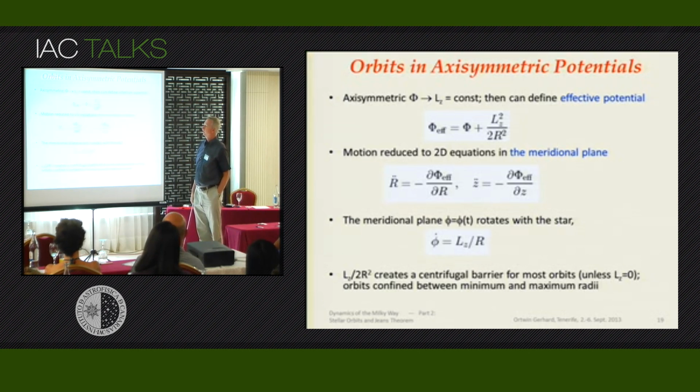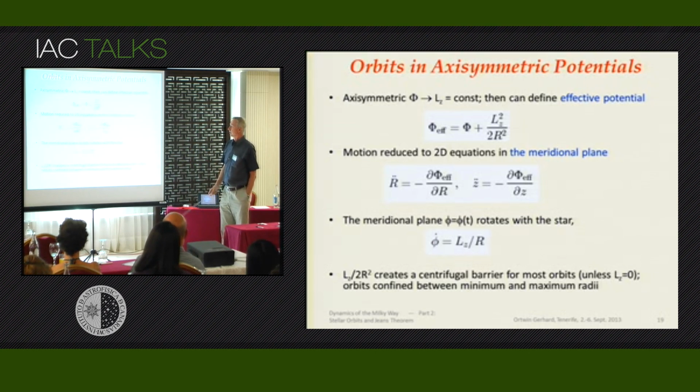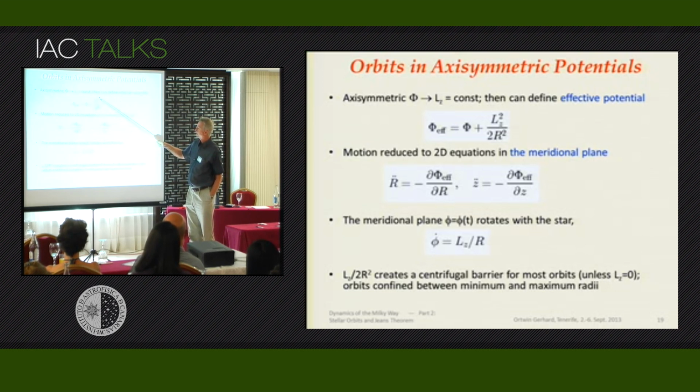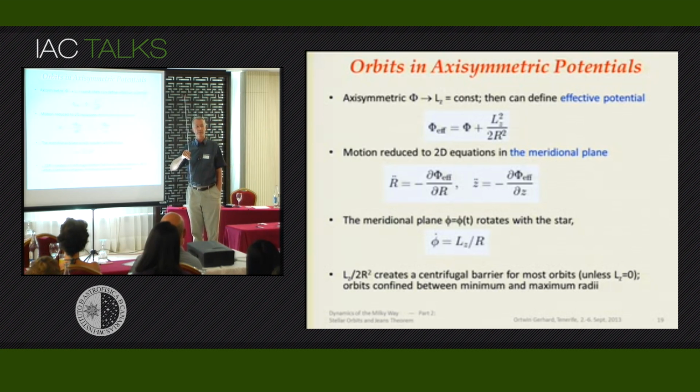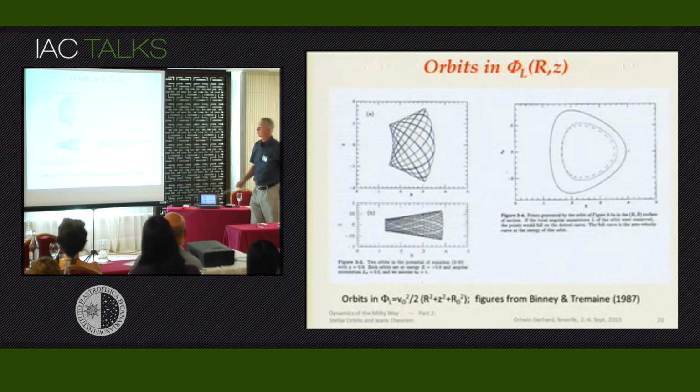And so the meridional plane then rotates with the star in this way. But you don't really need to consider it so much because it's defined by the angular momentum. So the other issue about these effective potentials is that this L squared term creates a centrifugal barrier for almost all orbits, except the ones that have really zero angular momentum. And so this means that orbits are confined between minimum and maximum radii.